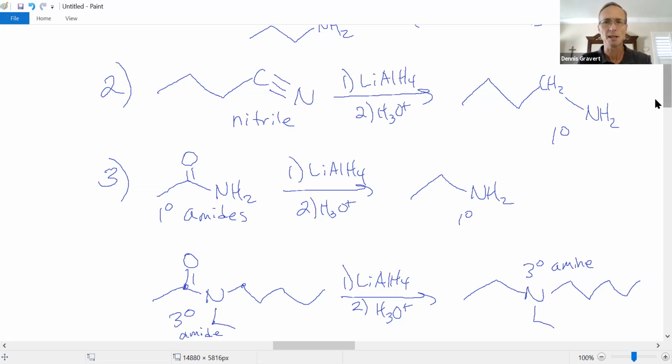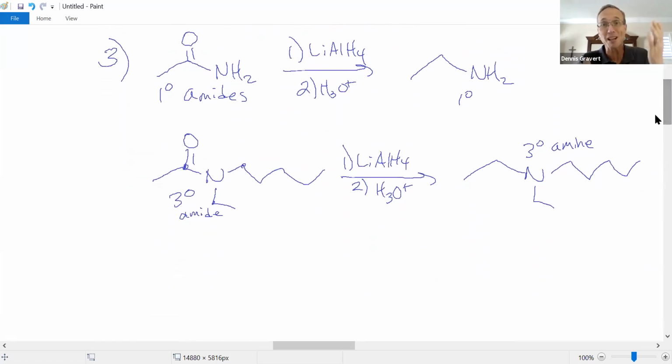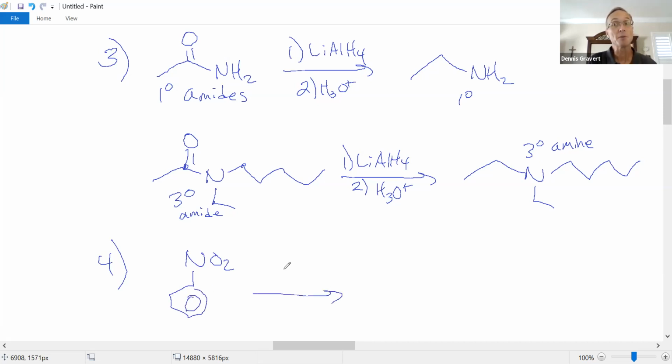Some other ways of making amines that are still going to be relevant in Unit 4. If you have the nitro group on benzene, you can reduce that in a number of ways. Two reactions we already studied: one, you can use hydrogen gas and palladium. The problem though is if you have other functional groups, they could also react.